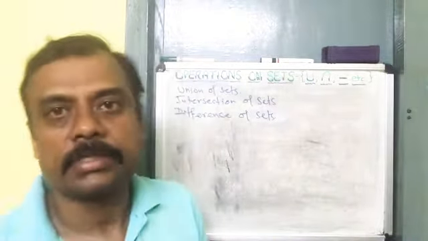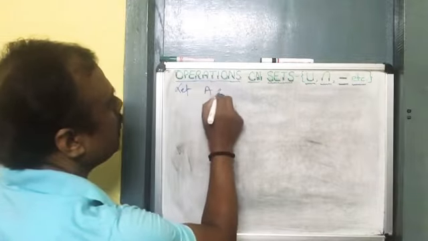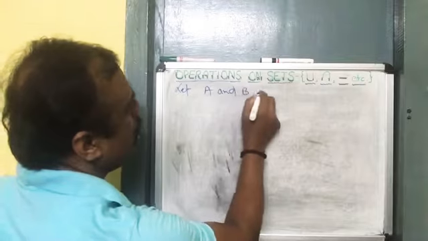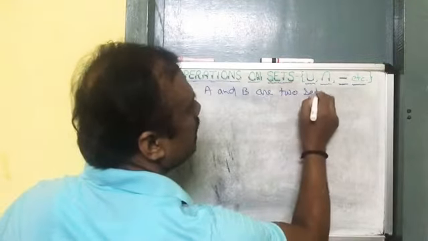So for that, let us define two sets under some universal set. Let A and B be two sets.